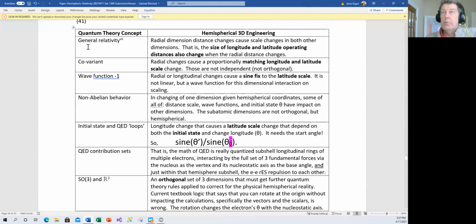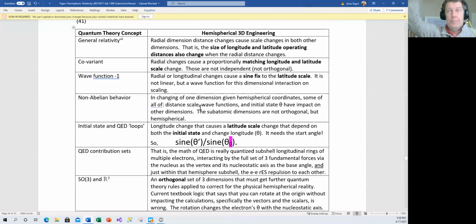So general relativity is a radial change in distance, and it changes the other two, covariant. The wave function, though, is any change to the longitude or the inclination dimension, which is not linear, but creates a wave function based upon that. These matrices are non-abelian.